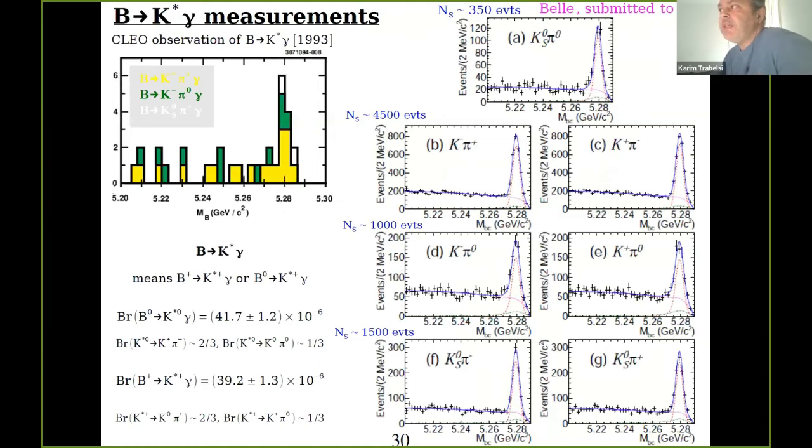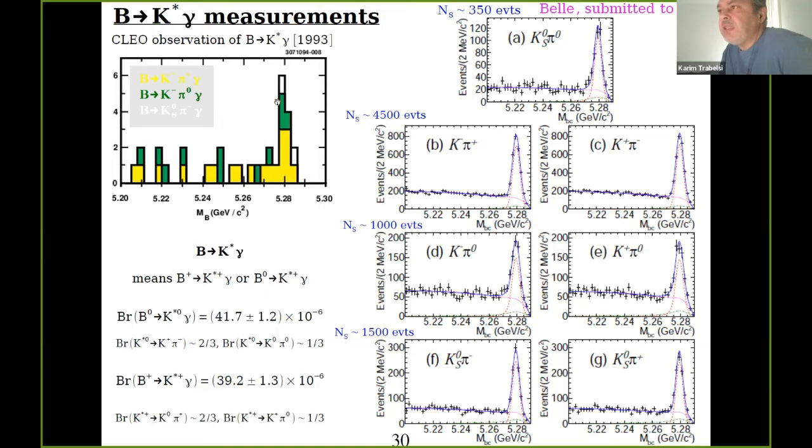Of course, today with the Belle statistics, and today already in Belle II with an equivalent statistics, but tomorrow with even much more statistics, then you can see many decay modes with a much larger yield.